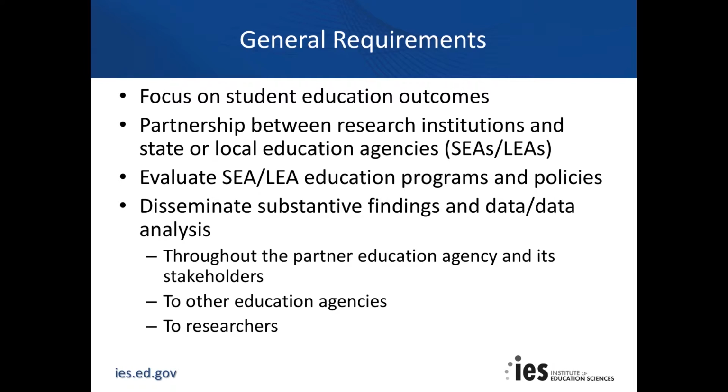Make sure there's a partnership between research institutions and state or local education agencies, which we're going to refer to as SEAs and LEAs. Evaluate SEA-LEA education programs and policies, and disseminate substantive findings and data analyses. And dissemination can occur throughout the partner education agency and its stakeholders, to other education agencies, and to researchers.